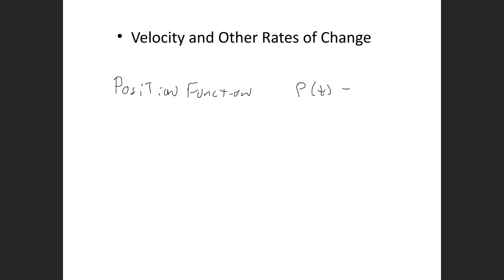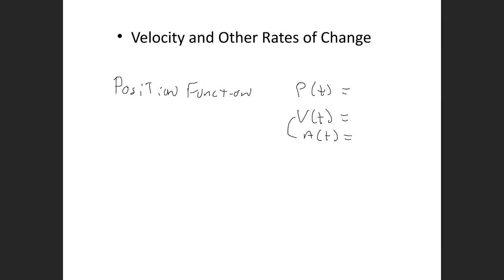Now, when you take the derivative of the position function, you get velocity. So the derivative of position is velocity. And the derivative of velocity is acceleration.